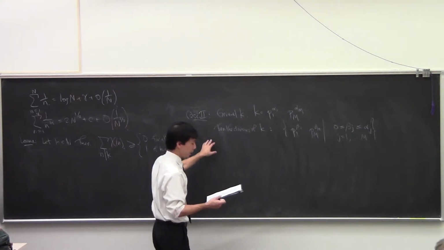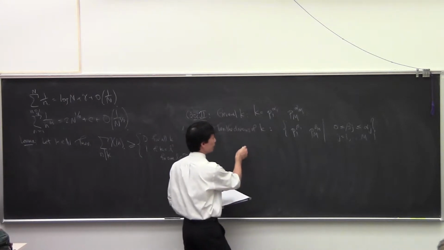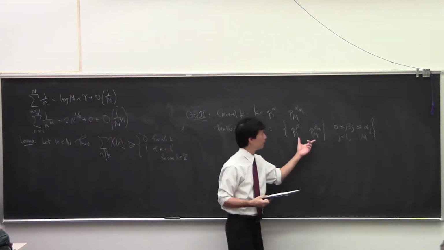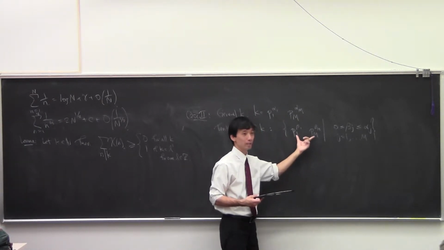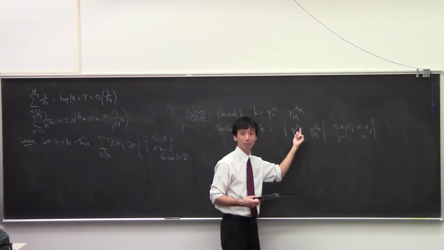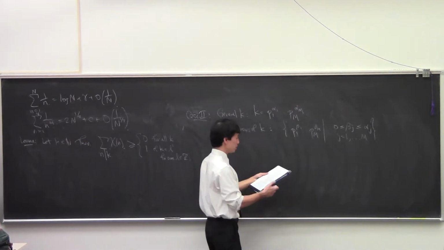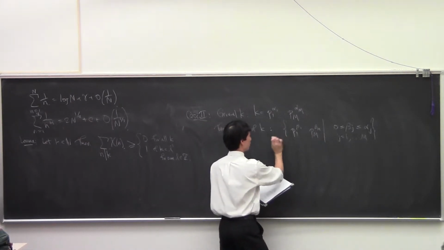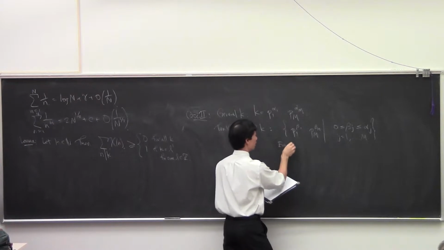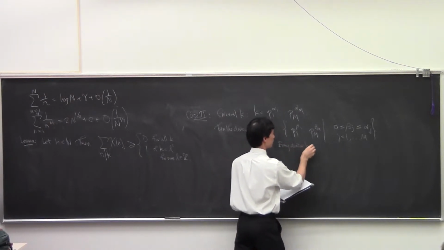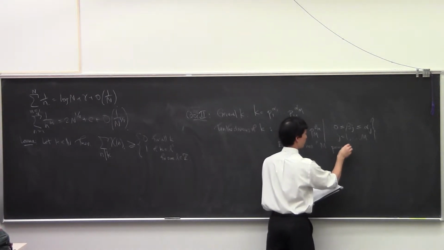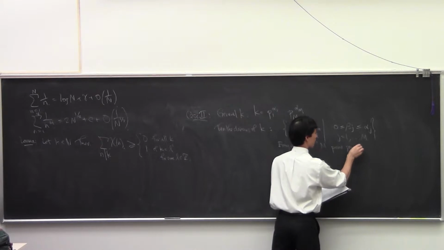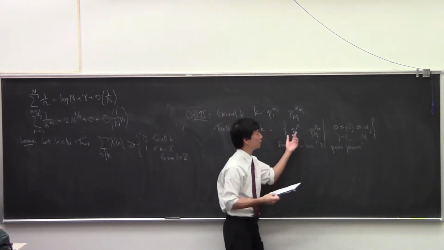These are, of course, all divisors. Every divisor has m prime powers, even though some of the exponents might be zeros. So every divisor has m powers of primes, some prime to the power, some prime to the power.